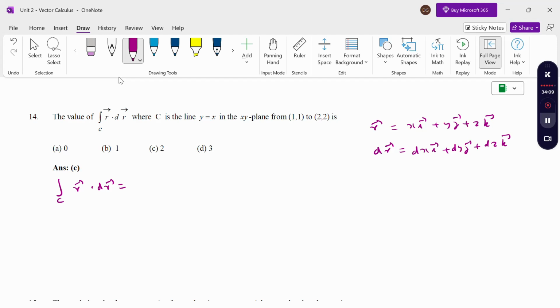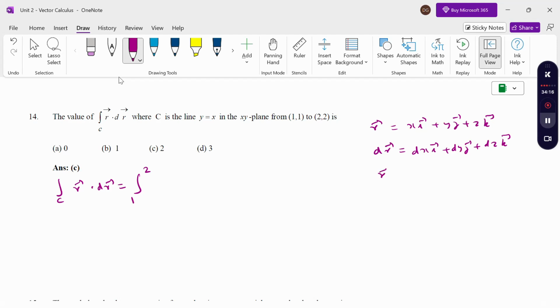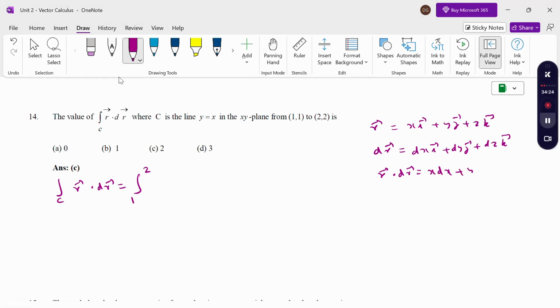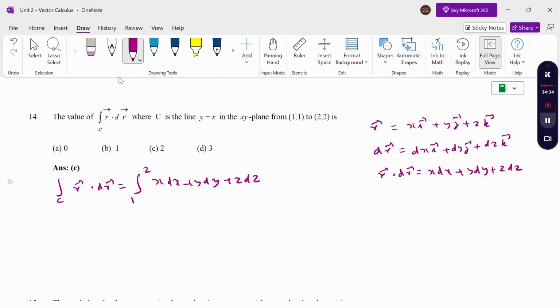Therefore, when we substitute this point, the integral from 1 to 2 of r vector dot dr vector: i dot i is x dx, j dot j is y dy, and z dz. So this is x dx, y dy, z dz. Therefore this term x dx, but here only two lines, therefore we consider only the xy plane, not the z plane, just remove this z term.